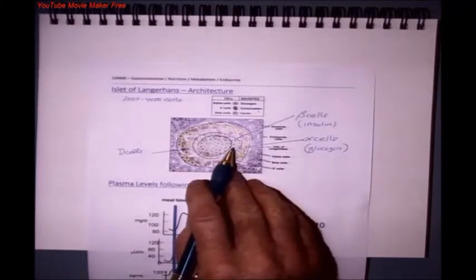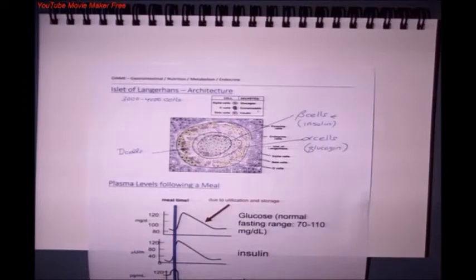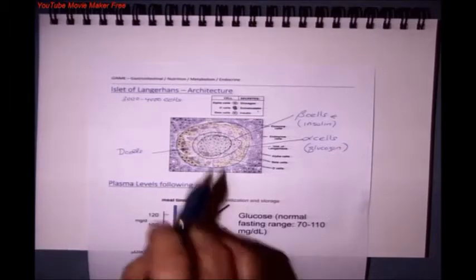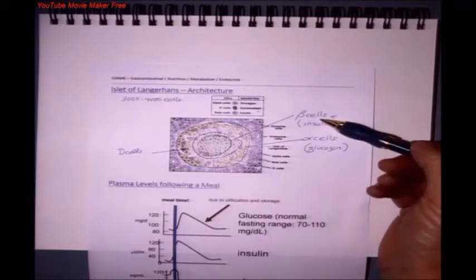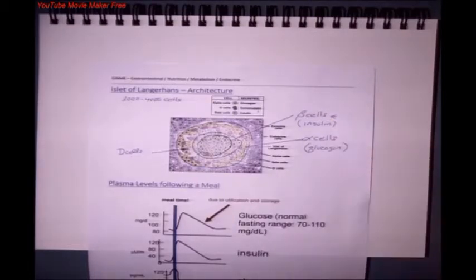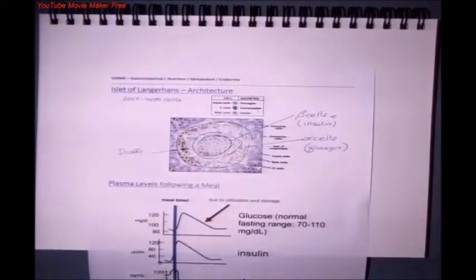Some literature says it may be assisting the beta cells in insulin secretion, but there's no real solid evidence about those delta cells, D cells. It may actually be serving more of a supportive function for the whole islet. So it's kind of a controversy. So what's most important are the beta cells and the alpha cells in the islet. And the orientation, the beta in the core, the alpha on the periphery.